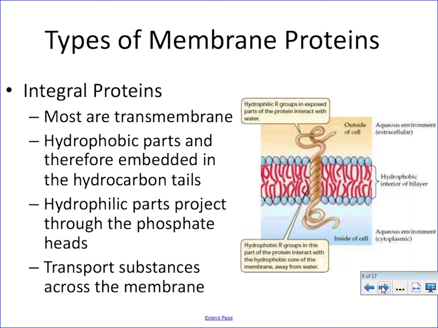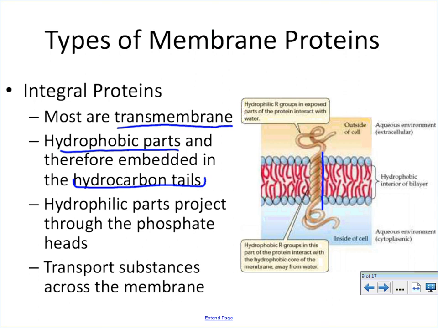Integral proteins are considered transmembrane, meaning that the protein will span the length of the cell membrane. Within an integral protein, there is a hydrophobic portion, and that hydrophobic portion is embedded in the hydrocarbon interior.